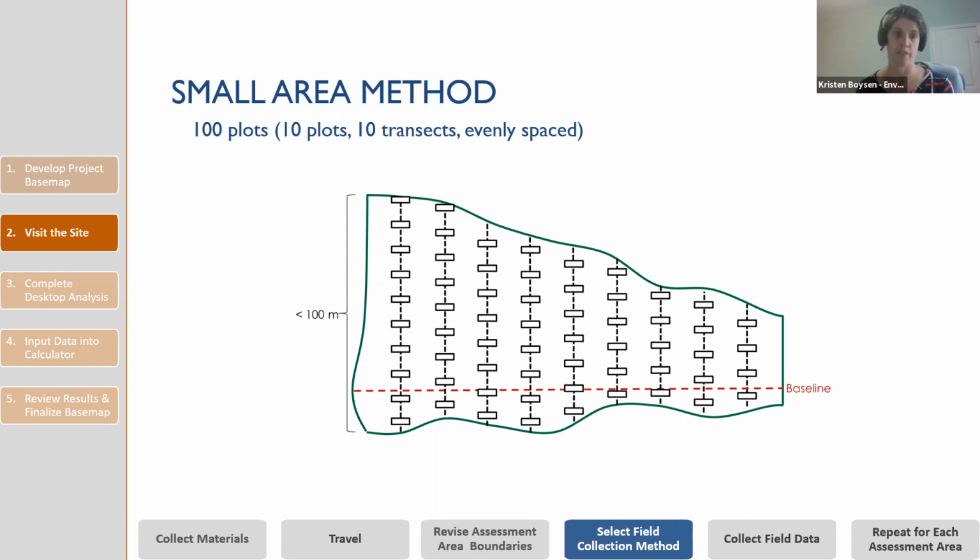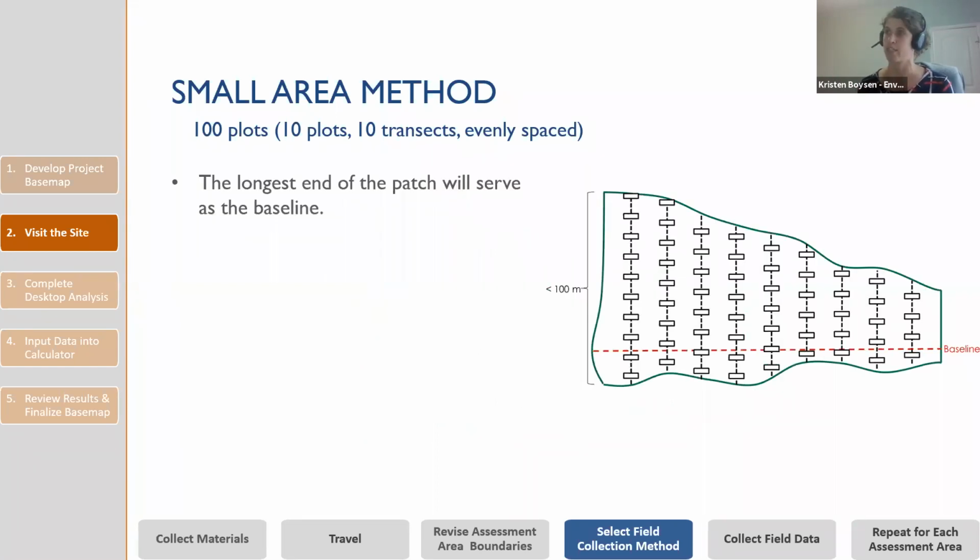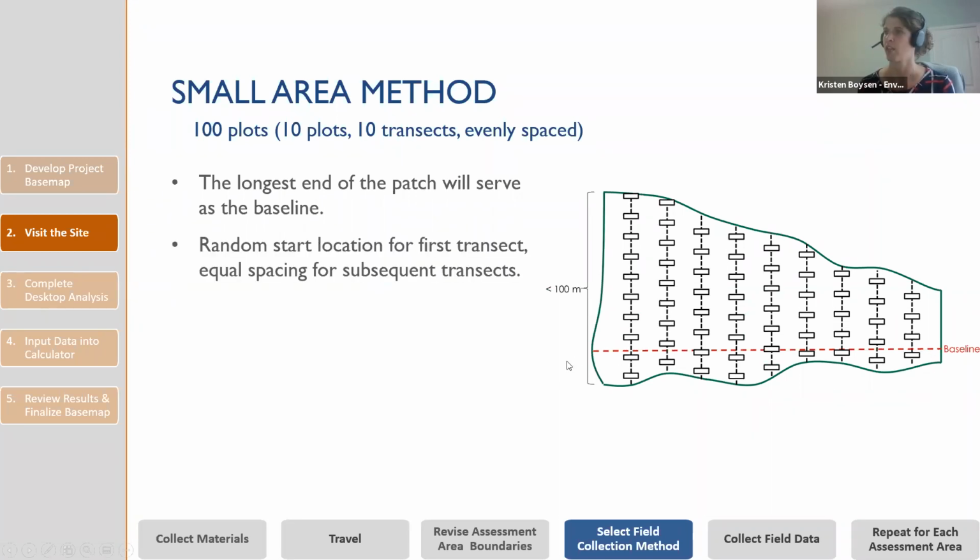But to do it formally, the first step is you set your baseline along the longest edge of the patch, like so. And then have a random start location for your first transect. So throw a pen, pick a number, pace out to your first transect, and then starting at the edge of the patch, run your transect. Again, we're aiming for 10 transects, 10 plots each, if you can.